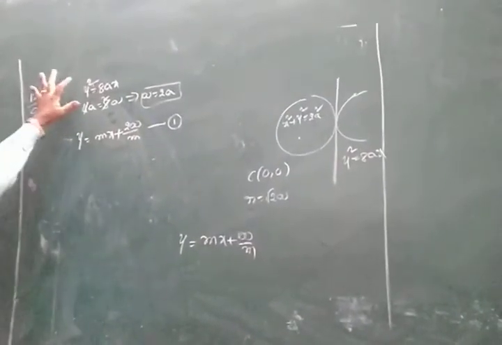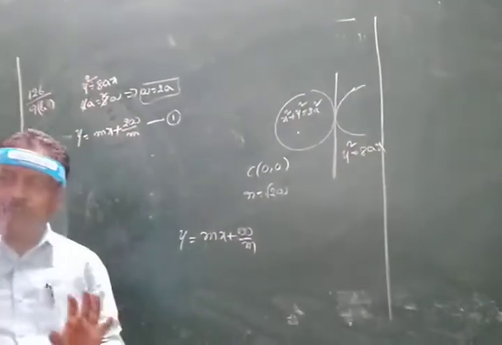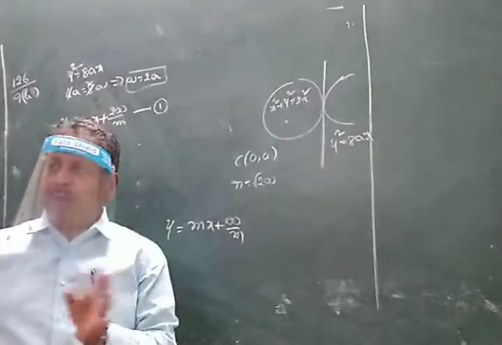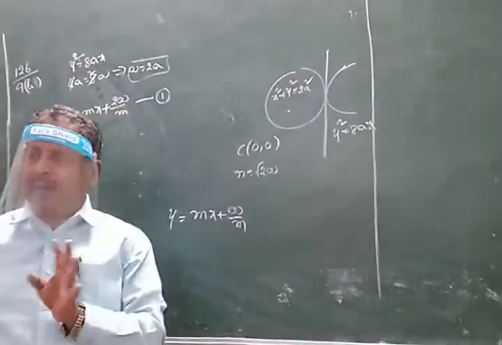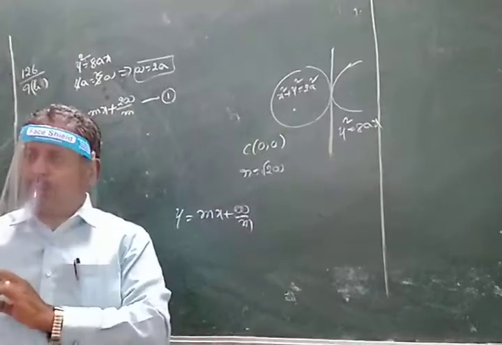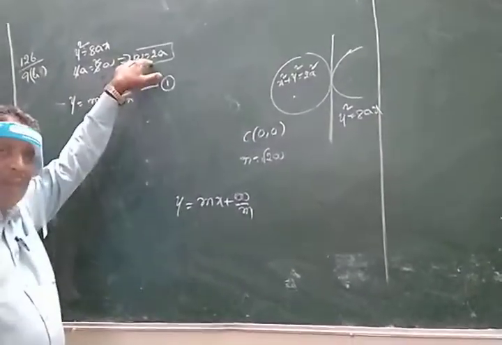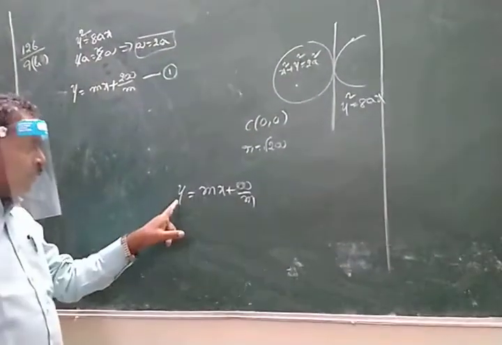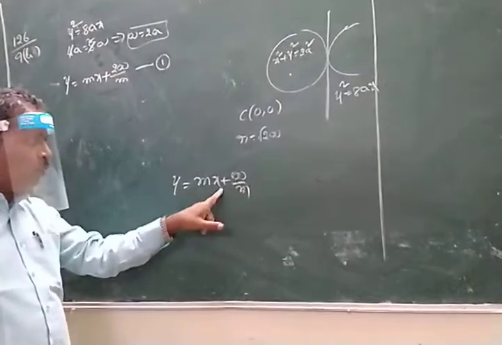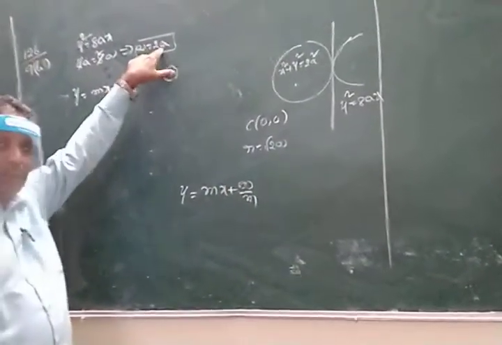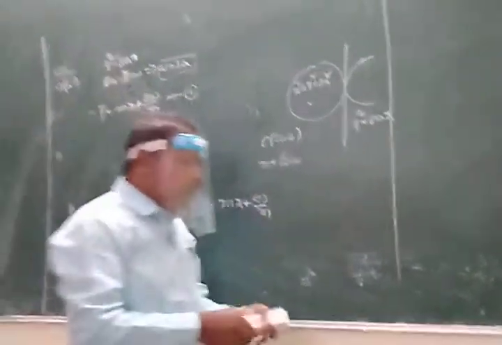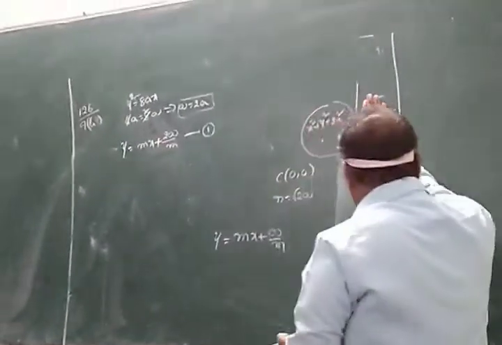So this is the parabola part. First take the parabola: 4a value 8a, a value is 2a. Equation of the tangent in the slope form where a value is 2a. So this part is over.